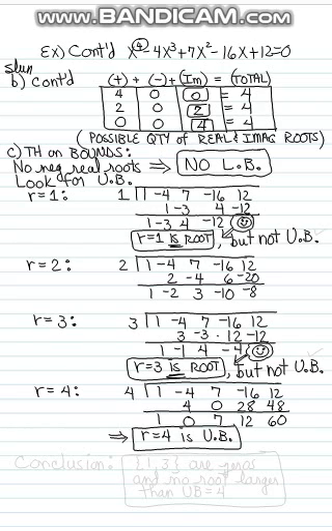Okay, now we didn't have a lower bound, but we did find an upper bound, and we accidentally found two roots. So conclusion, we got a nice conclusion going here, more than we expected, actually.